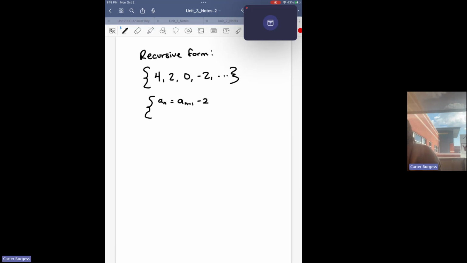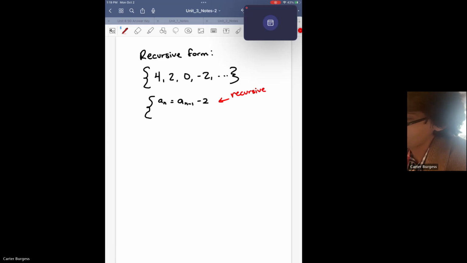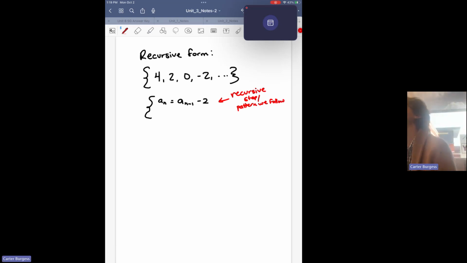Yeah, whatever that pattern is. So this you are often going to see referred to as the recursive step. We can really think of it as detailing the pattern that we have to follow. It's how we move from the previous term to the term that we currently care about, in this case, a sub n.